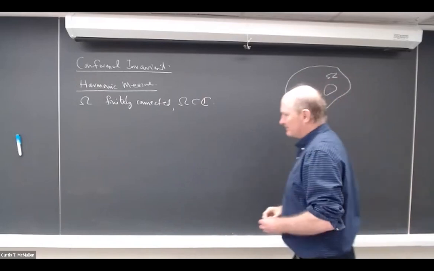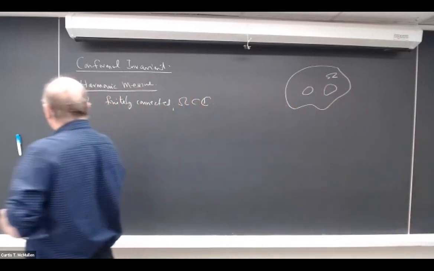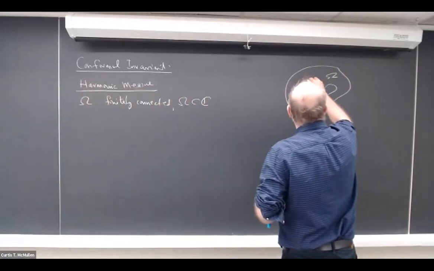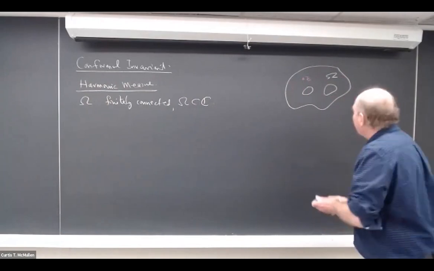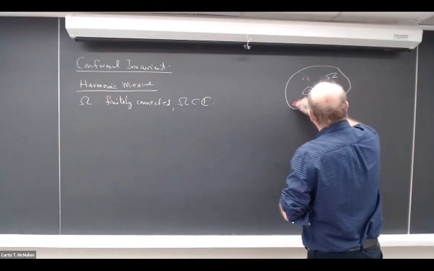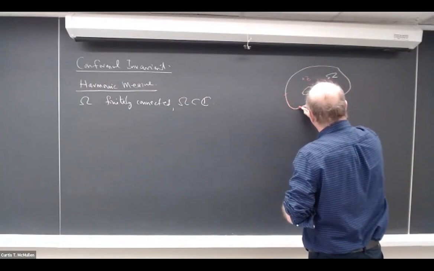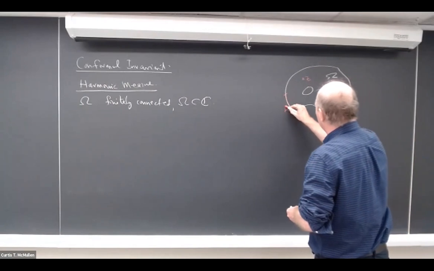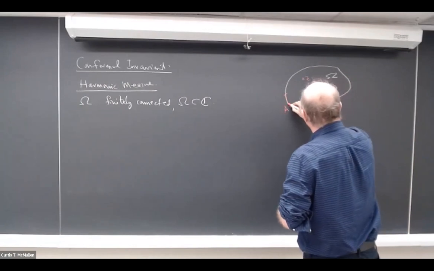That's omega. And then we have a point in omega and a subset of the boundary. Usually we'll think of this subset as something like just an arc, as I've drawn it here.